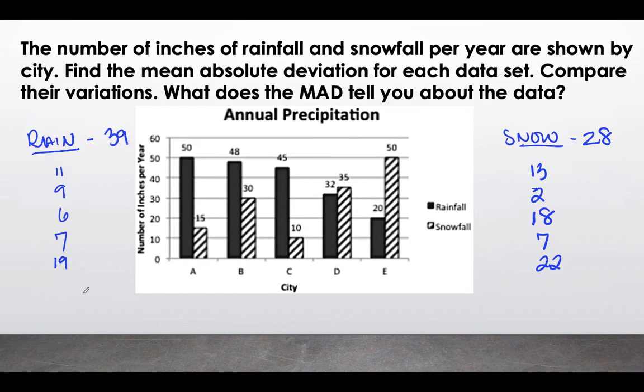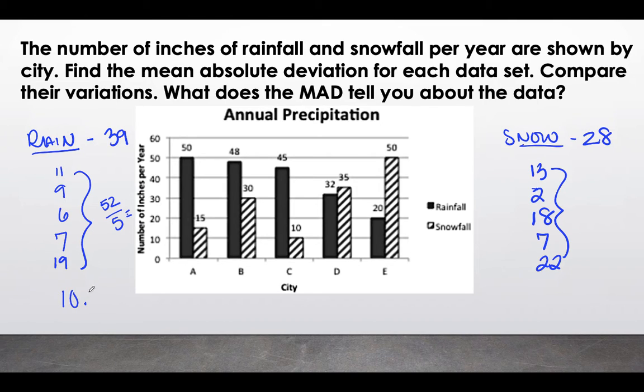Once you find how far each city is from the mean of all 5 cities, the last thing you want to do is find the mean, again, of the differences. So you're going to add these numbers up and divide by the number of cities of data we have. That's 52 divided by 5.